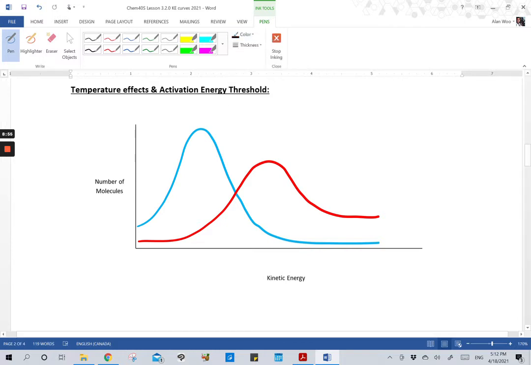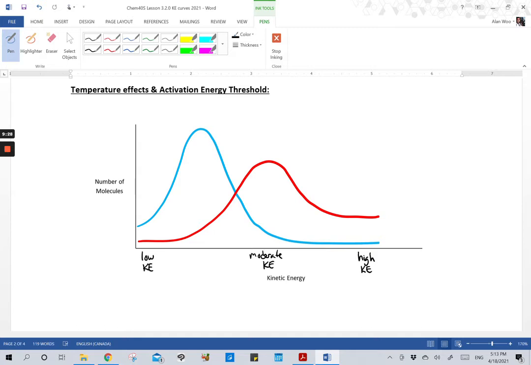So first of all, I'm going to again write in low KE, high KE at this end, and moderate KE in the middle. If you want to pause the video at this time to sketch out these two curves, that's up to you. You can do so right now.